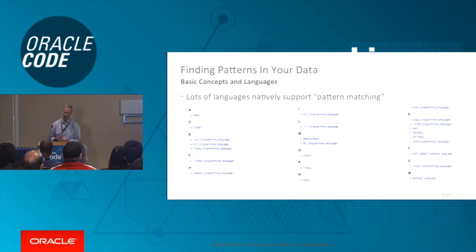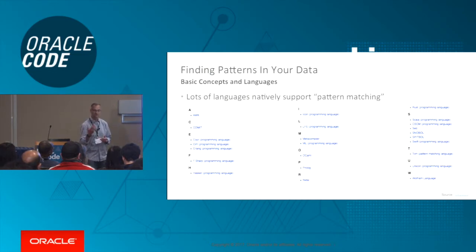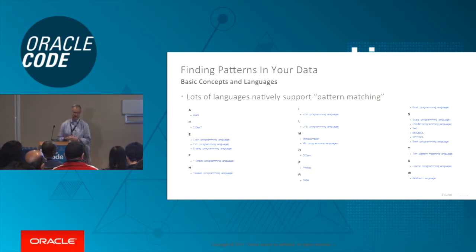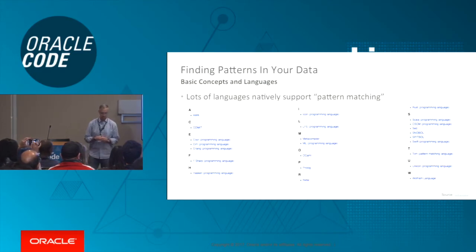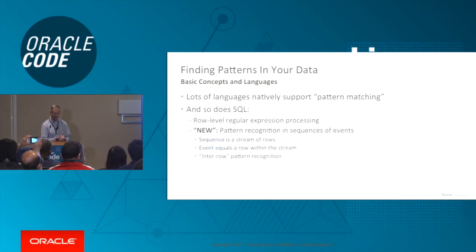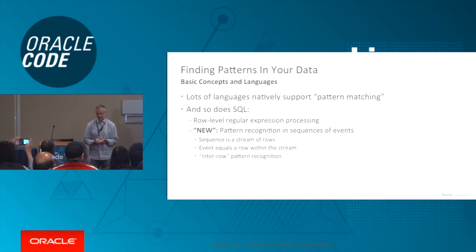Finding patterns in your data. When you look at all the languages that provide something like pattern recognition, there are quite a number of them. When I was looking that up in preparation for this session, I was a bit disappointed that I didn't see SQL in this list, so we have to fix it. SQL has indeed pattern recognition technologies.